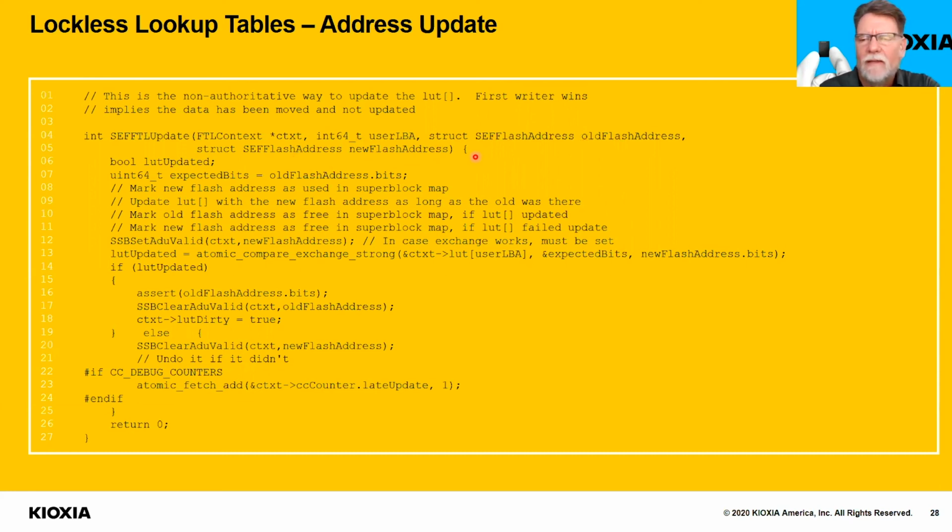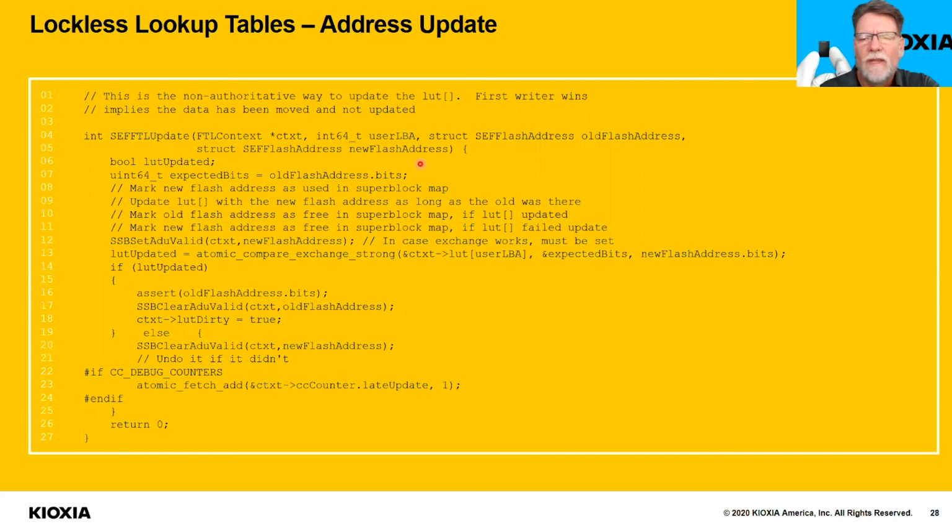When we update or move data, we supply both the old address that the data was located at, as well as the new address where the data now resides. This was done so that we can make updates to the lookup tables in the flash translation layer lockless.